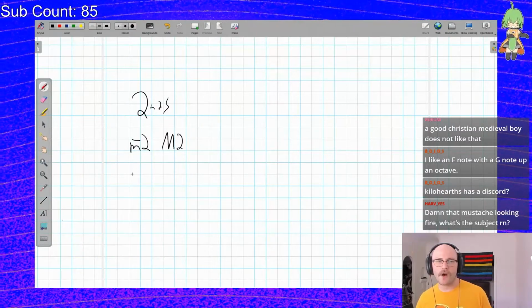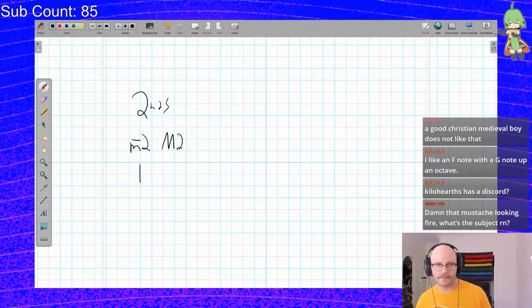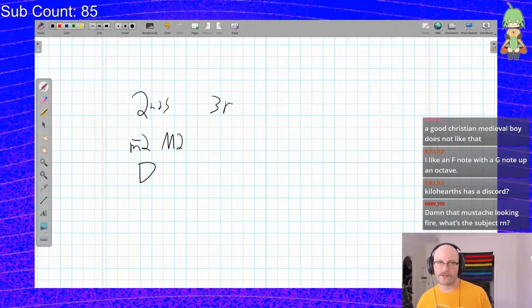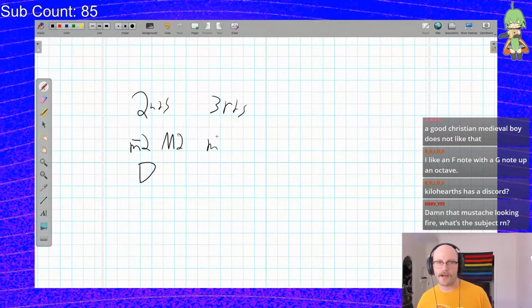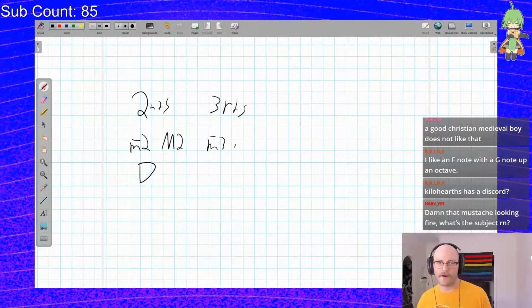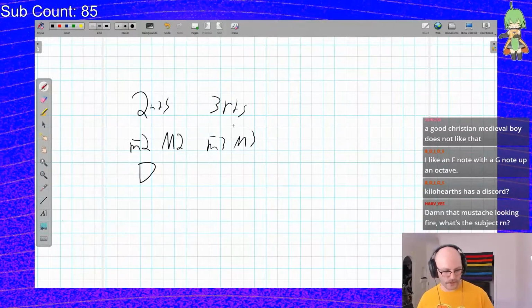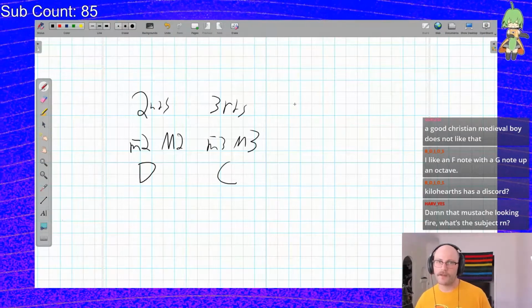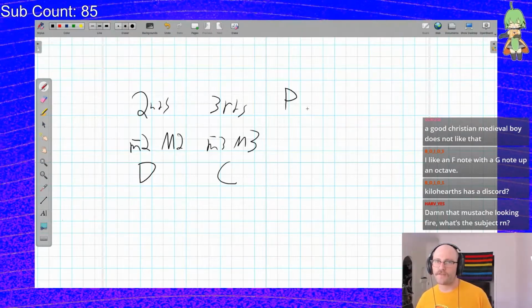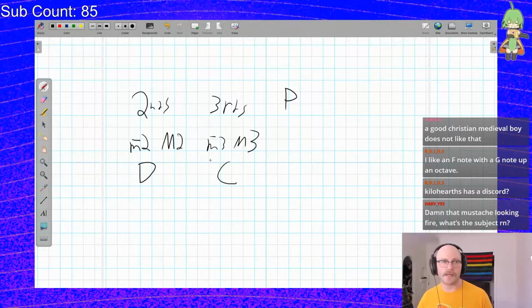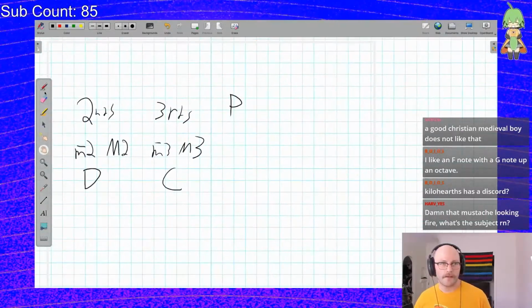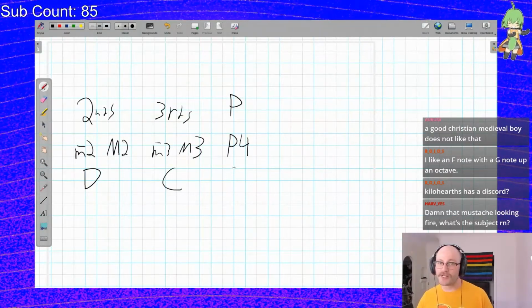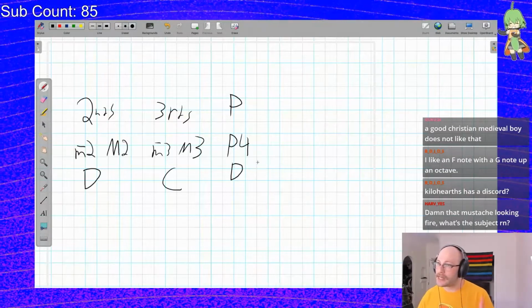These are both considered dissonant, big D for dissonant. Then we have our thirds, the minor third and the major third. These are considered consonant. Then we have our perfect intervals, which I'm going to mark with a P. We have the perfect fourth, which, as I mentioned, is a dissonant interval in this rule set.